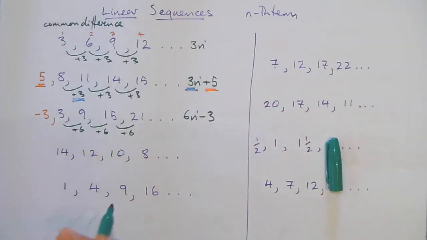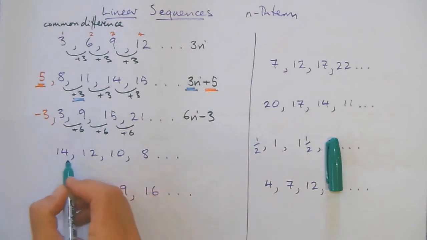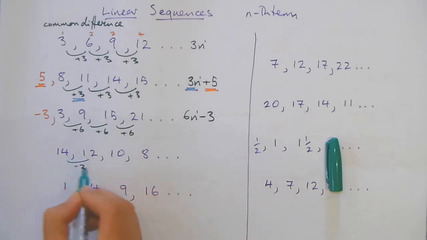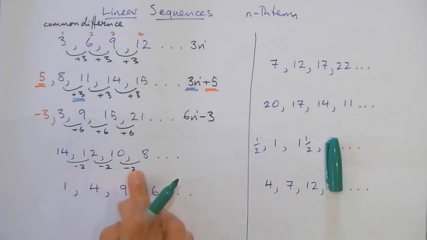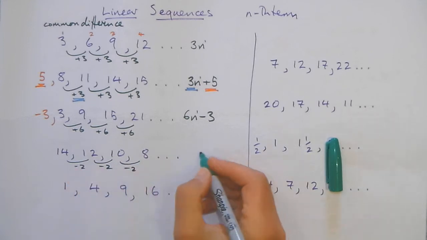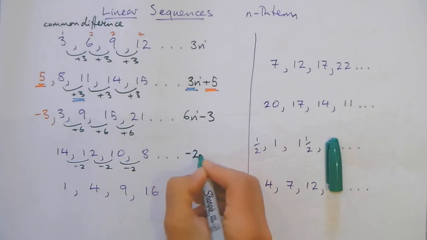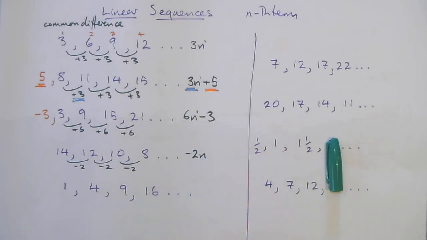Right, let's have a look at the next one. First of all, look at the differences. Oh, take 2, take 2, take 2. They are the same, so we know it's going to be minus 2n. But the first term in minus 2n would be minus 2. This sequence would go minus 2, minus 4, minus 6, minus 8. Yeah, but that's 16 bigger than minus 2.